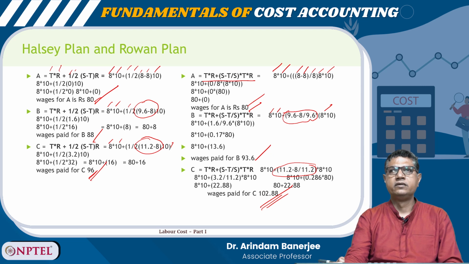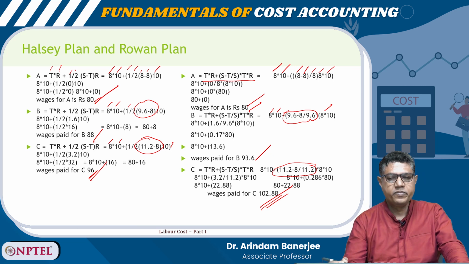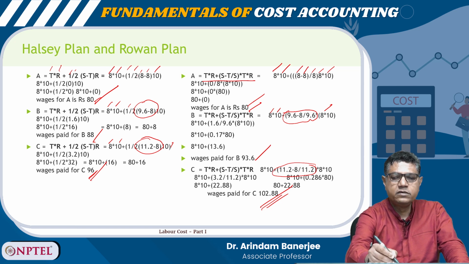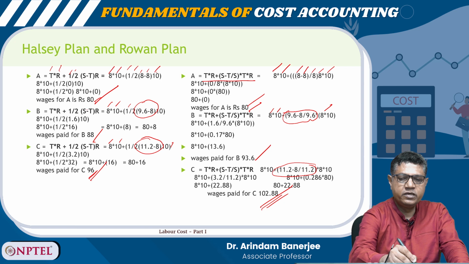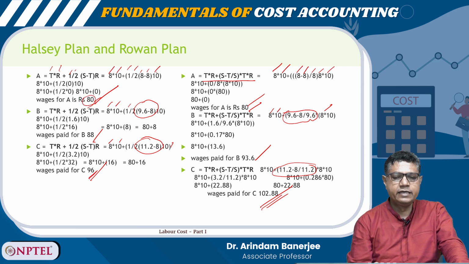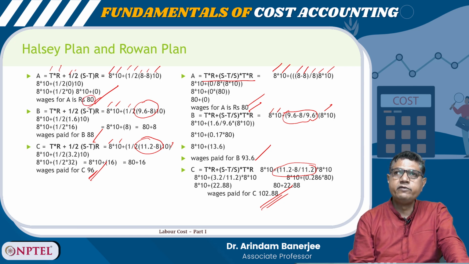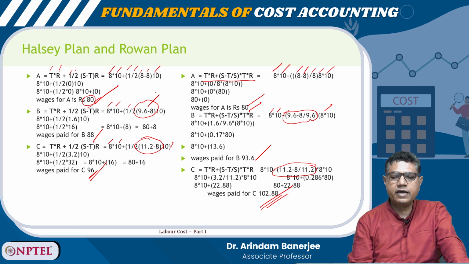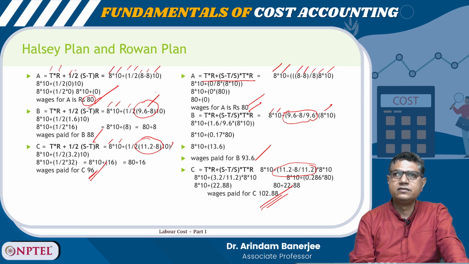So, now how the remuneration will be calculated? Now, under Halsey you see that is time into rate. So, 8 into 10 plus half into 8 minus 8. So, 8 hours he took, standard hours is also 8, into rate. So, the value is rupees 80, right. For B, who is a better performer, all the things are same, only difference is here, it is 9.6 minus 8, right.